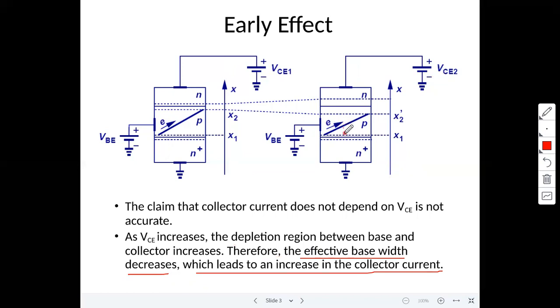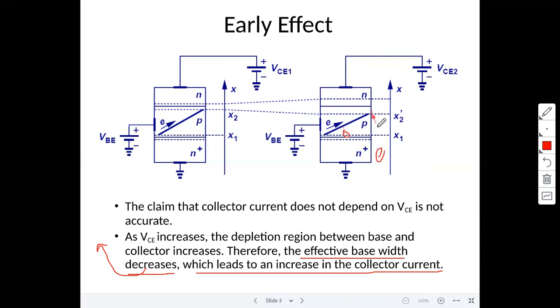As the width decreases, the recombination percentage decreases, so the collector current increases. That is the concept here. Once again, the effective base width decreases. As base width decreases, the recombination ratio also decreases. Recombination decreases at the base region, so the collector current increases, right?